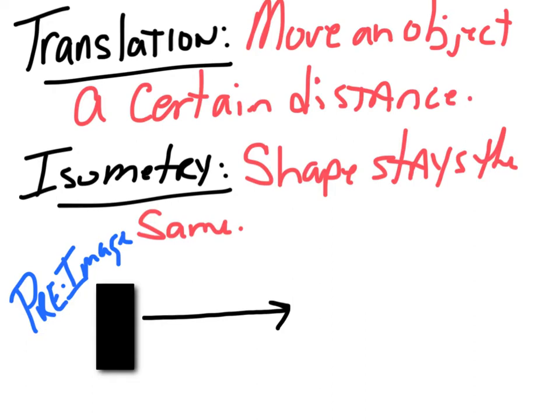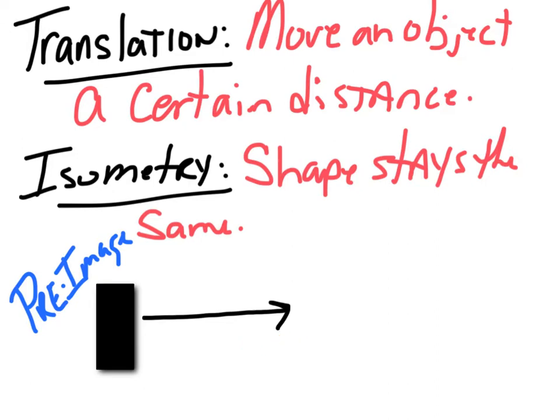What we do is when we slide it, and they'll give you the translation or transformation arrow, which shows you we're going to move it from here over to here.